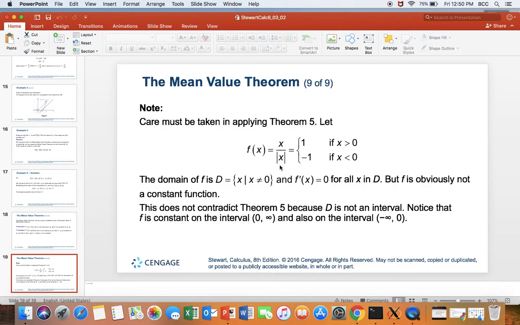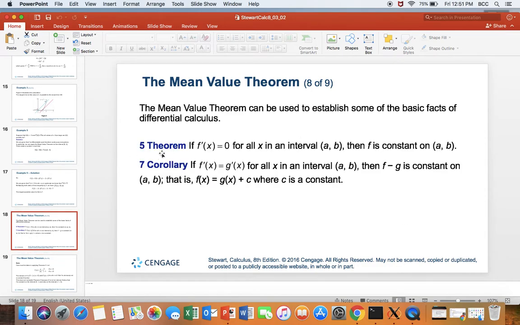But this is not differentiable. So one has to be very careful. f is constant after 0, f is constant before 0, but it is not defined at 0. So we are looking at two separate intervals. So be mindful with theorem 5.